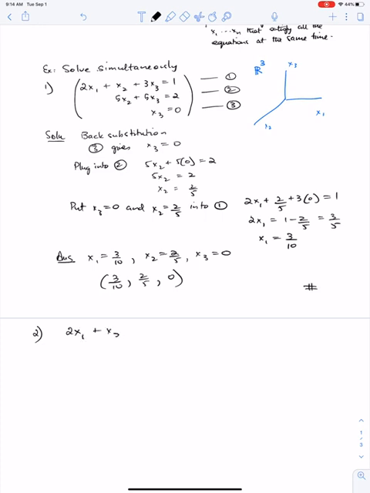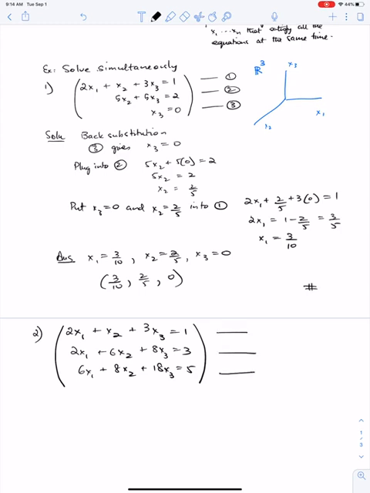So this one is not so easy as the previous one. 2x1 plus 6x2 plus 8x3 equals 3, and 6x1 plus 8x2 plus 18x3 equals 5. Again, we'll call it equation 1, equation 2, and equation 3. You'll see why in a moment.